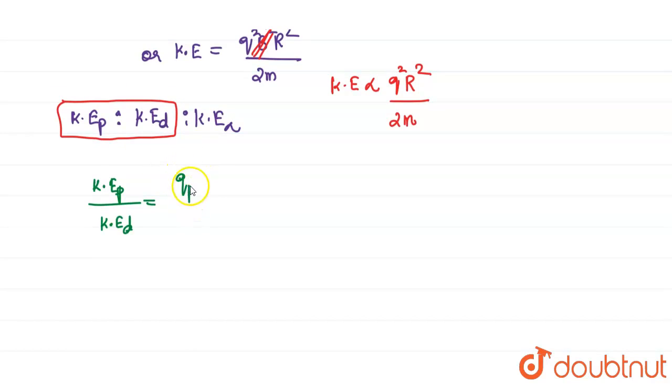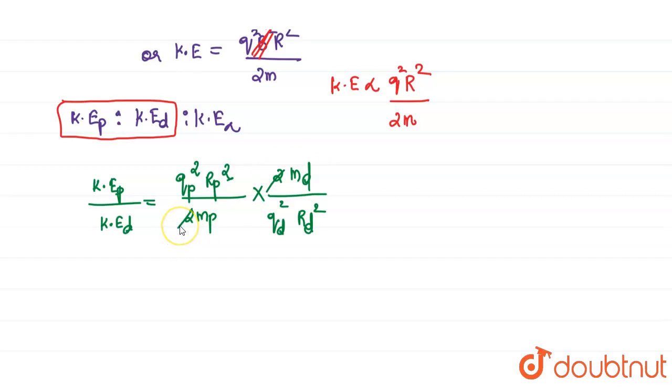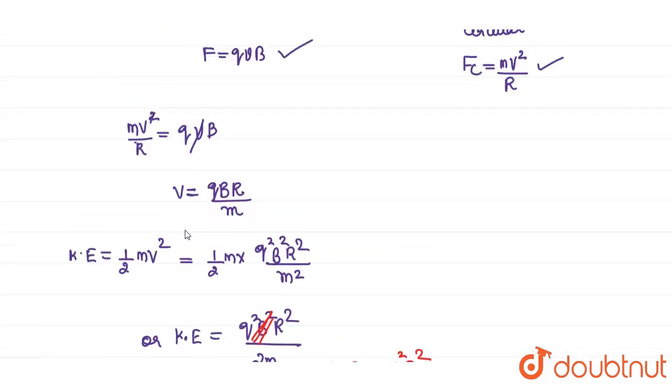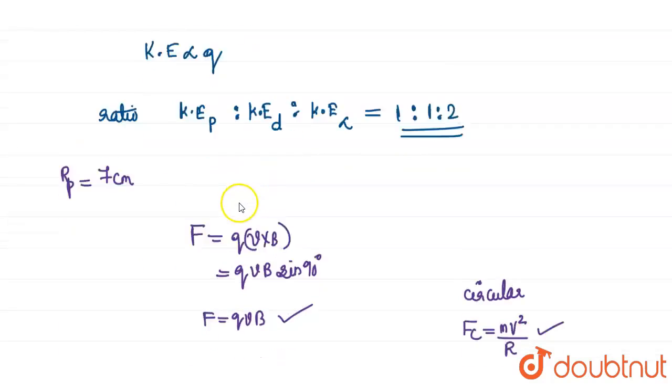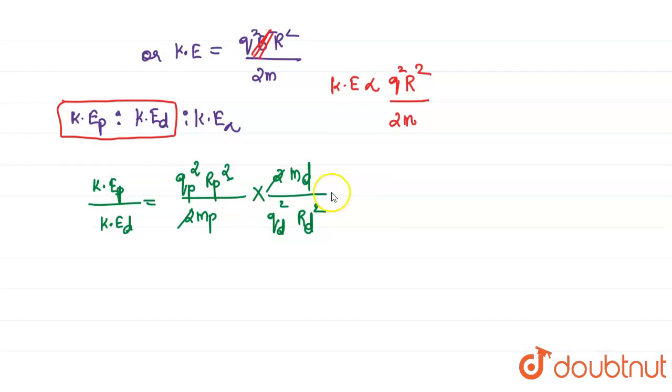So charge of proton square into radius of proton square divided by 2 into mass of proton, over charge of deuteron square, radius of deuteron square divided by 2 into mass of deuteron. We can cancel 2. And what is the ratio of proton and deuteron charge? Charge of proton and deuteron is 1:1. So qp square and qd square is 1/1.